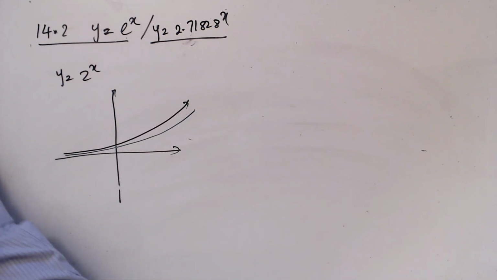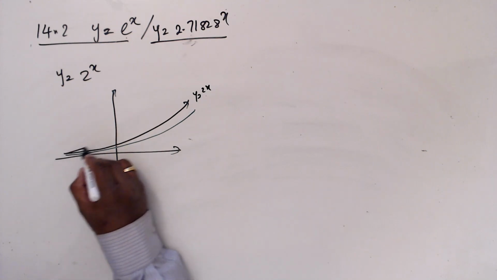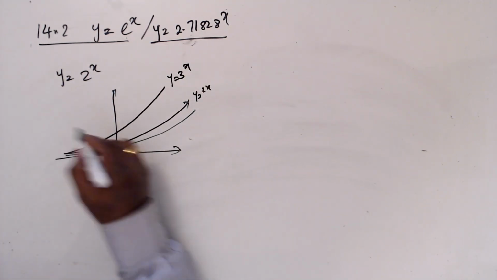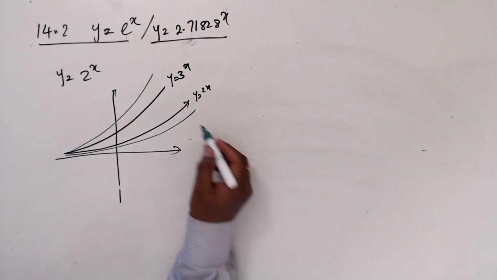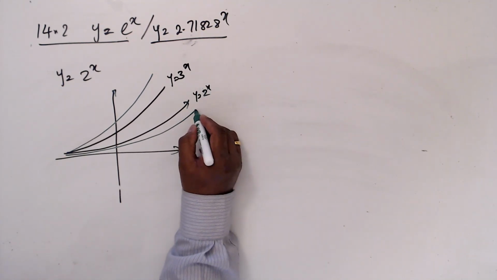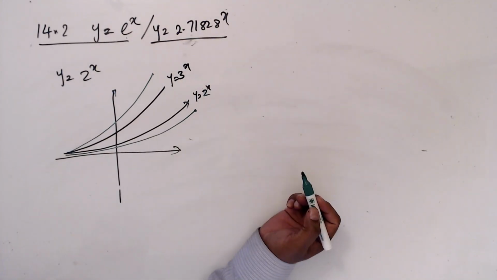Likewise this is y equal 2 to the power x, and I draw y equal 3 to the power x. Then I draw the gradient graph. What I notice here, when it is 2 to the power x, the gradient graph is below the curve, and for 3 to the power x, it is above the curve.